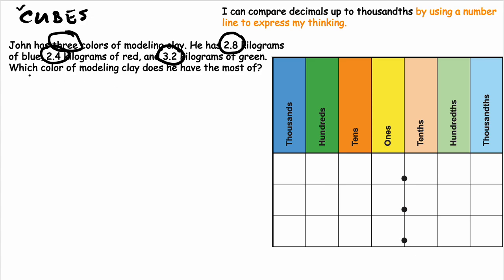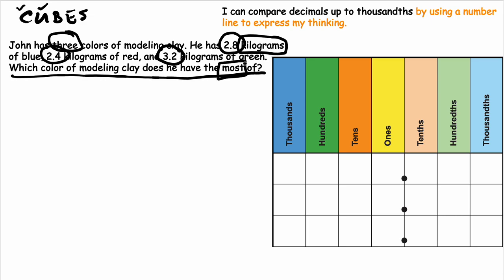Let's underline the question: Which color of modeling clay does he have the most of? We're going to box any keywords that might be important to solving the problem. Kilograms is a unit of measurement, so that's going to be important to keep for my answer.